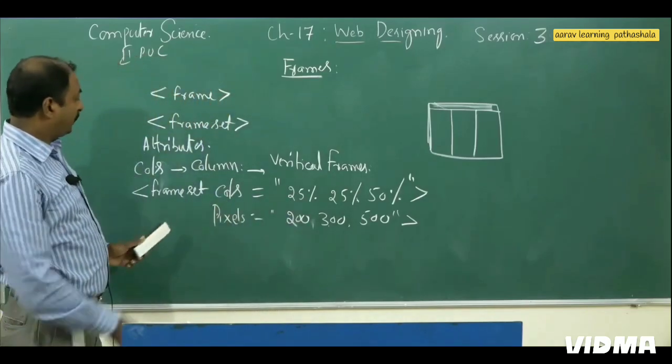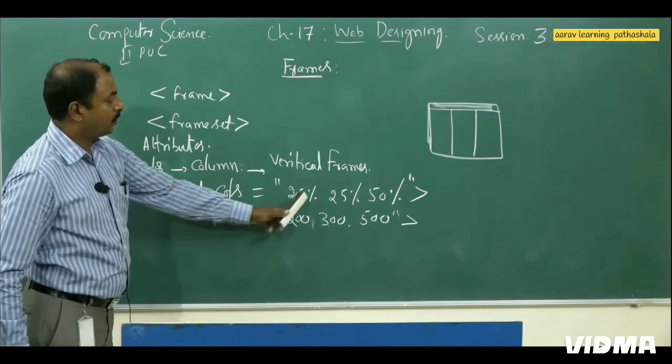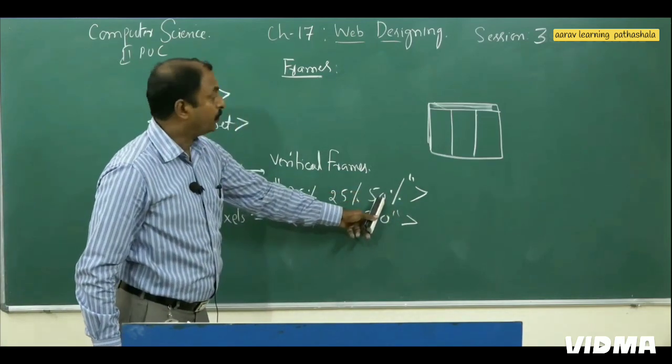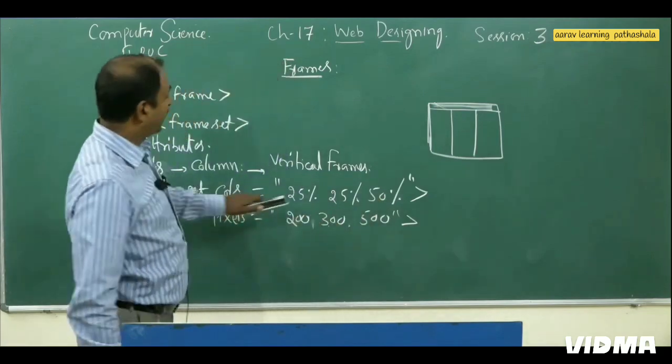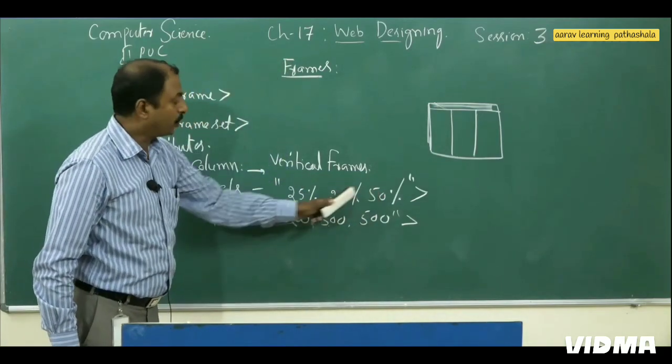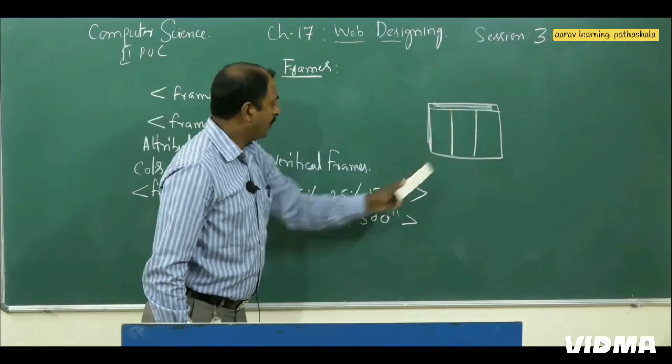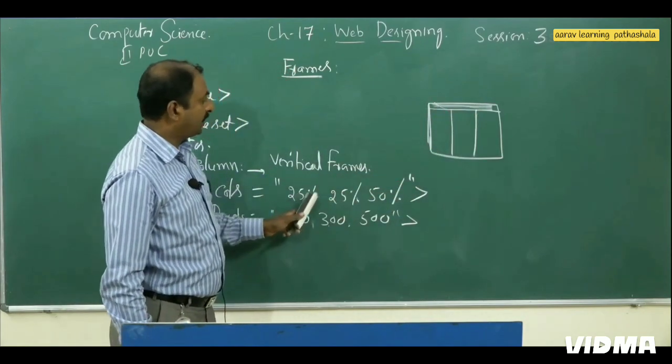So in this example, frameset columns 25, 25, 50. If you look at the example, the output divides into, you can see there are three values. So we are dividing this web browser window into three vertical frames, that is, columns.